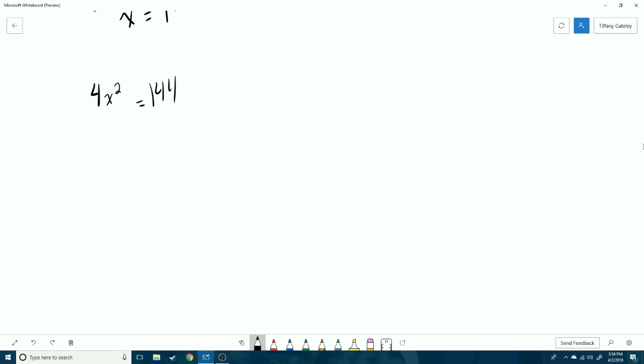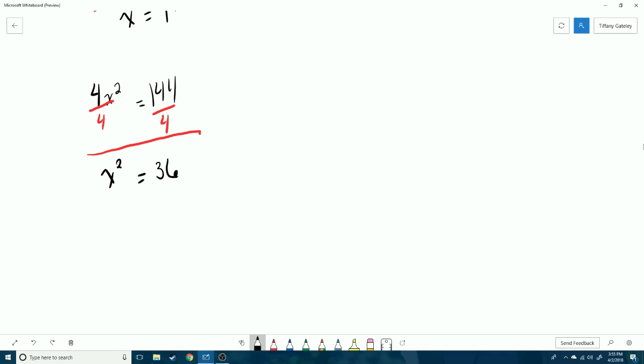So with this one, I know the x squared is a bit scary, but we're not going to worry about that at the moment because you can still just divide both sides by 4 to get rid of this 4. So divide by 4 on each side, and that gives you x squared equals 144 divided by 4 is 36.